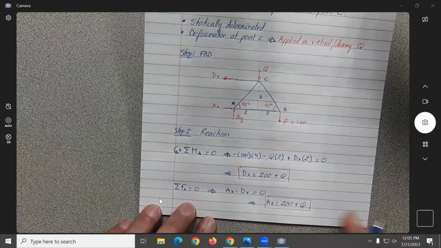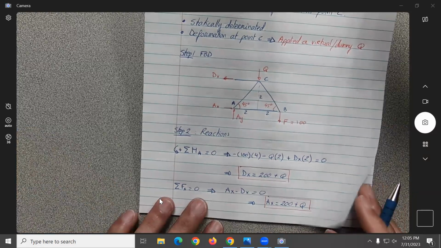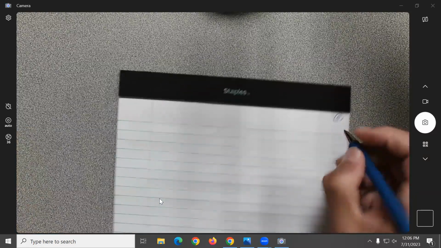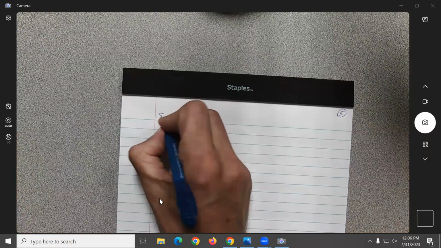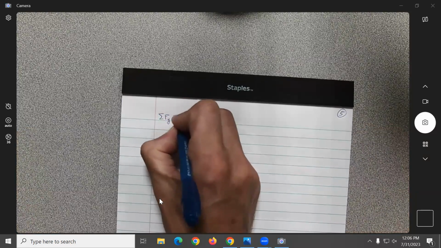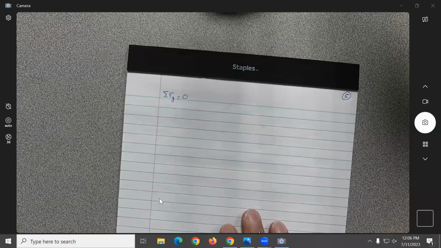Okay, and finally, the last reaction, we'll find it by doing summation of forces on the y, which will give us what?